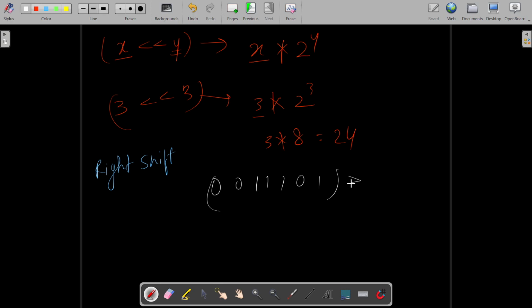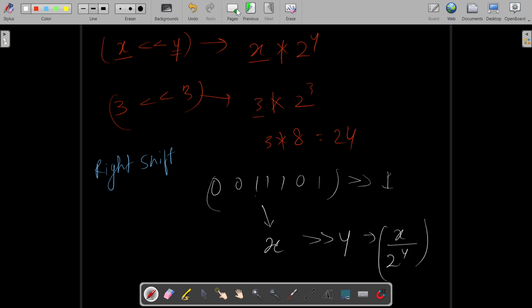If we try to right shift it by 1, this right shift can also be written in a formula. Suppose this is the binary representation of a number x, and if we try to right shift it by y, we can write it as x divided by 2 raised to power y. This is the formula to find the right shift easily without working with the binary representation.